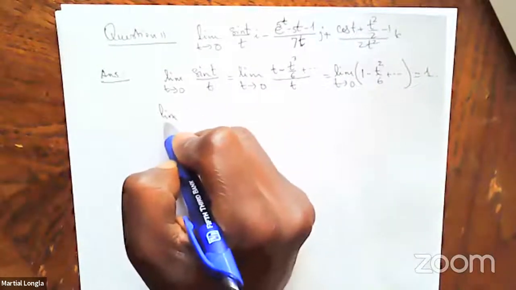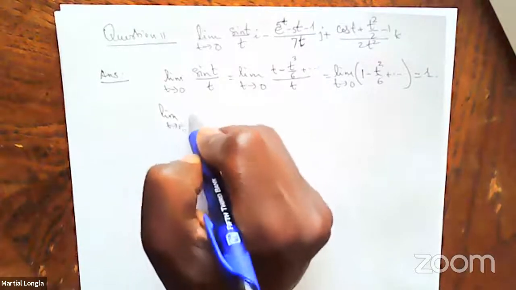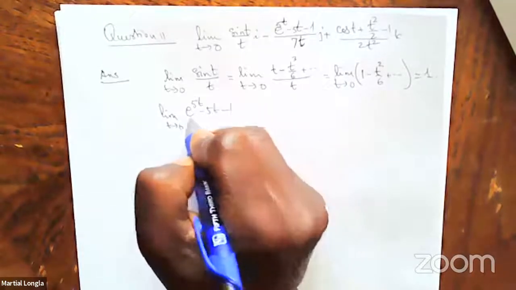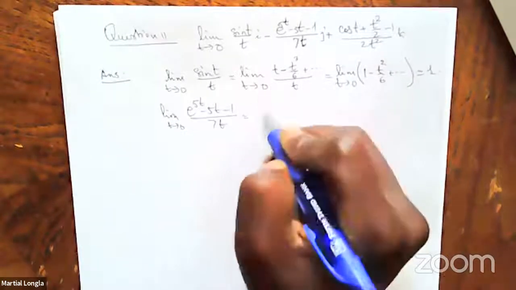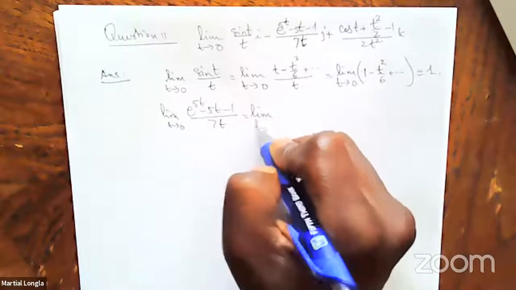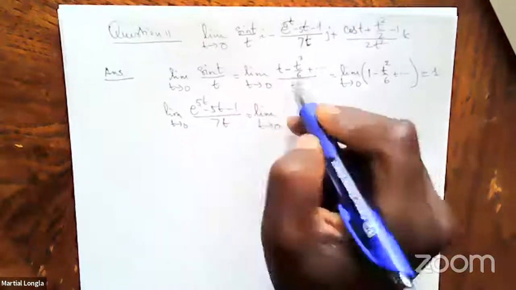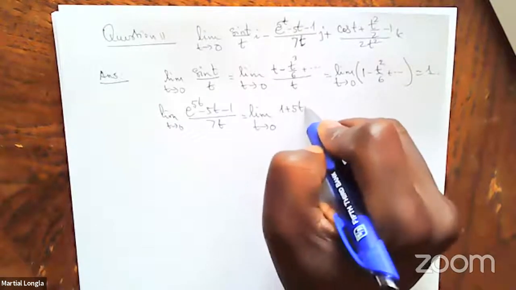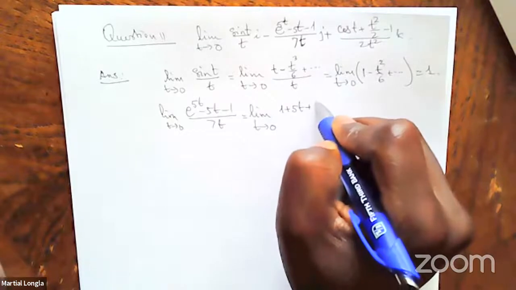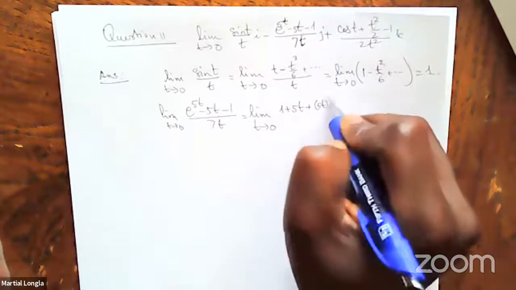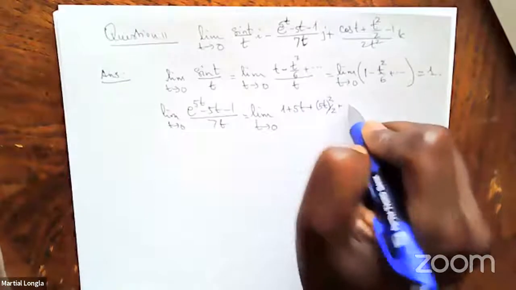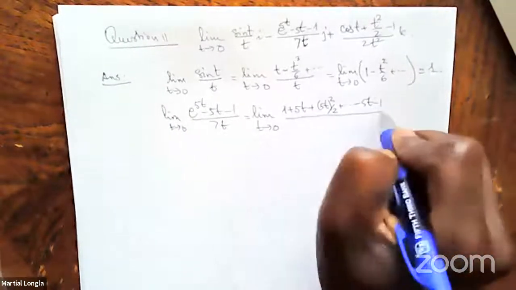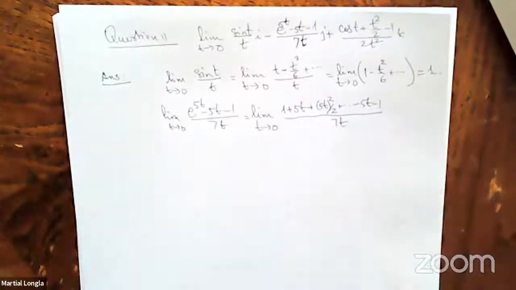Limit as t goes to 0 of e to the 5t minus 5t minus 1 over 7t equals the limit as t goes to 0. e to the 5t is 1 plus 5t plus 25t squared over 2, minus this 5t minus 1 over 7t.